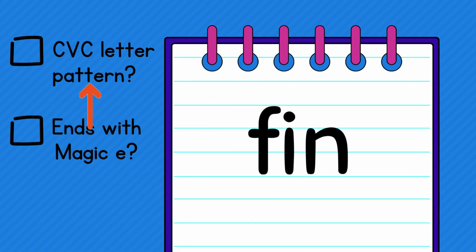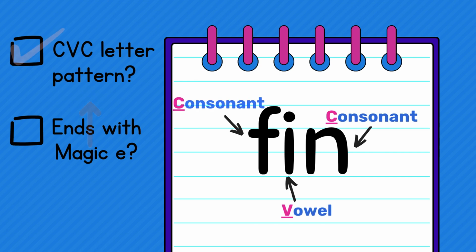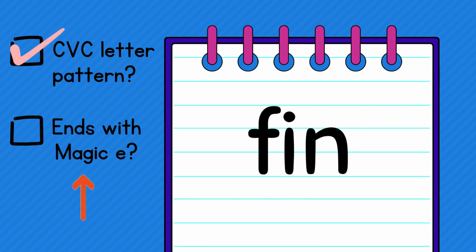Let's use our magic E rule to read this word. I would love your help. First, let's ask ourselves, does this word have the CVC letter pattern? Yes, there is the consonant F, the vowel I, and the consonant N. Then we need to look at the word and ask ourselves, does it end with a magic E?